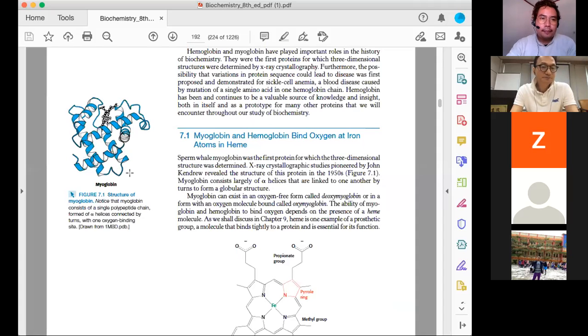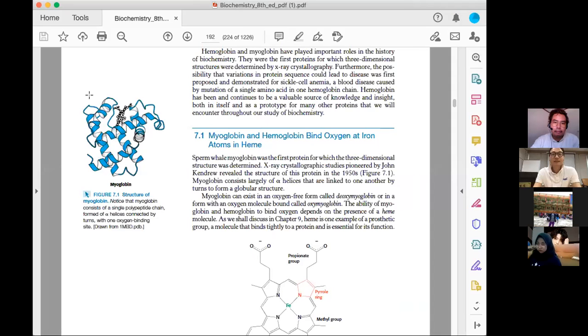Myoglobin also has oxygen carrying capacity, but the location is different from hemoglobin. The myoglobin is located inside muscle cells, skeletal muscle and cardiac muscle.